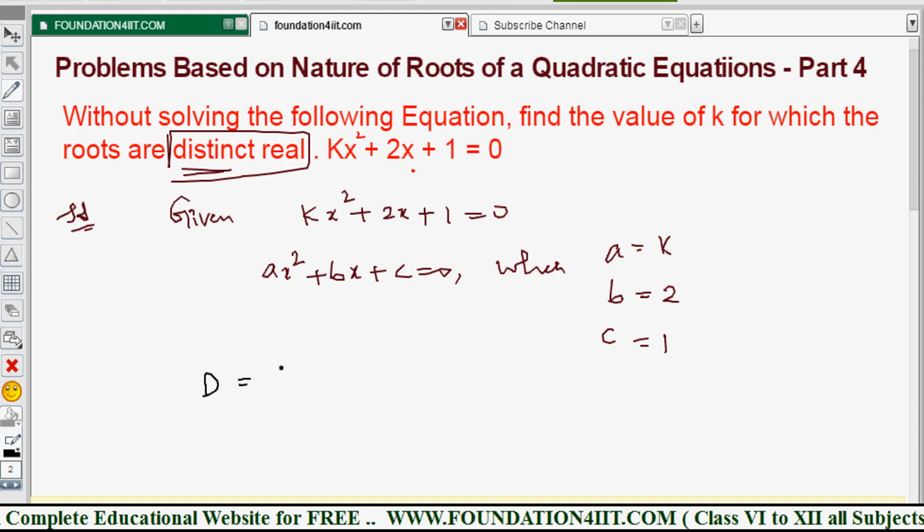So that's why we need to take these. First we'll find out the discriminant, b square minus 4ac. That is 2 square minus 4 into a, which is k, and c is 1. Right? That is 4 minus 4k.